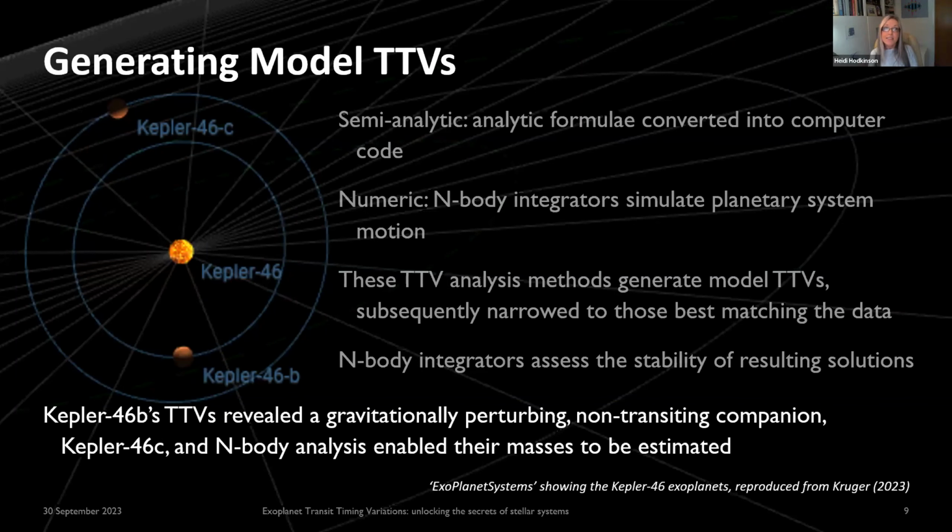So prior to running these computationally expensive integrations, you can carry out a rough stability check by applying the Hill criteria. Essentially, the Hill radius or sphere of a body represents the distance or volume within which any passing object will be dominated by the gravitational field of that body and not the central star.